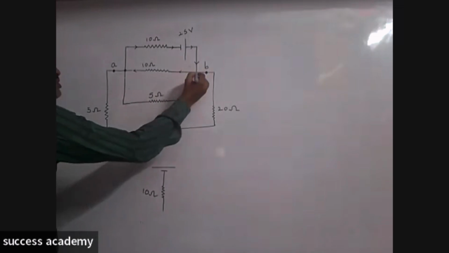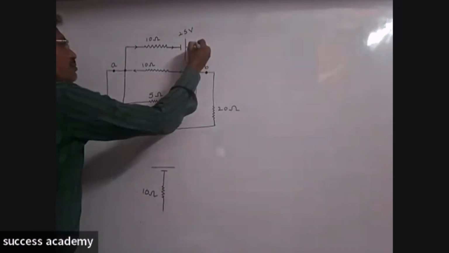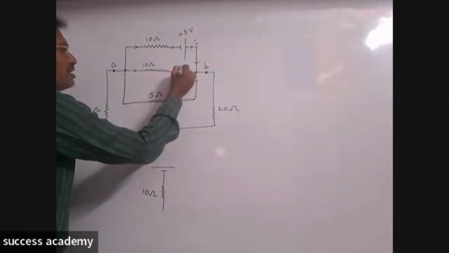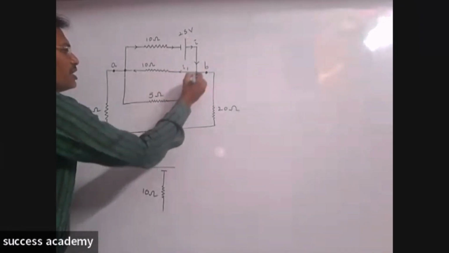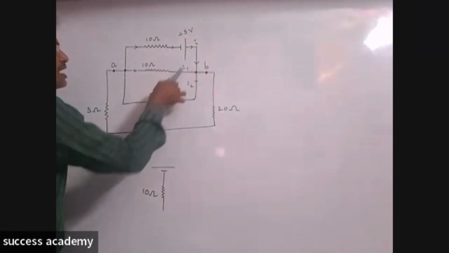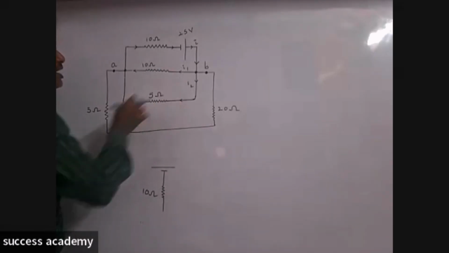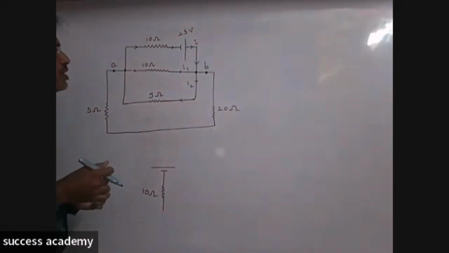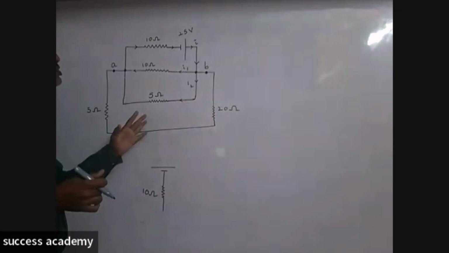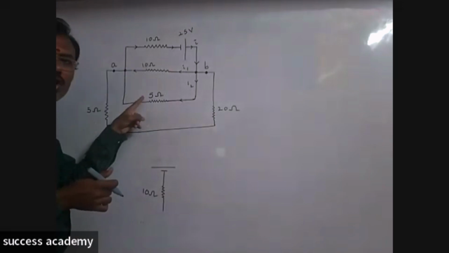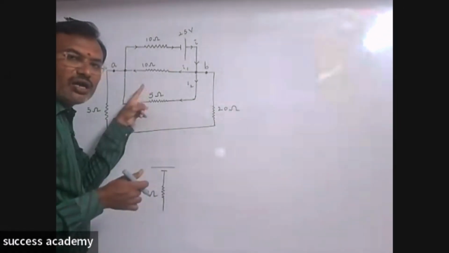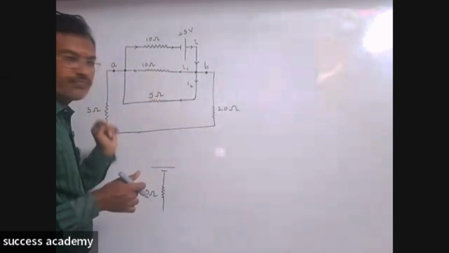For example, the main current is I, here I1 and here I2. At this point I1 and I2 mean the currents are dividing into multiple branches. When the currents are dividing, we say that these two resistors are in parallel combination.